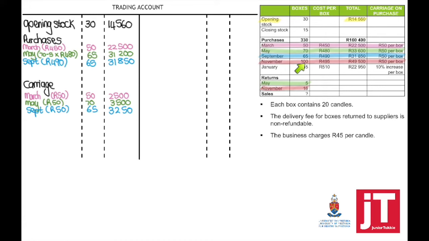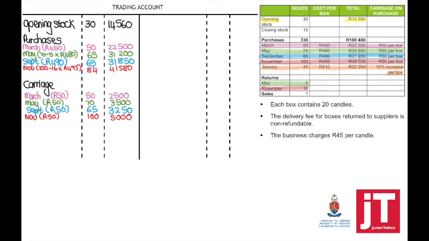So we're going to say purchase 100 minus the 16. The cost per box was the carriage was 50 per box times 100. No refund is given for carriage. This is why we need to times it by 100.